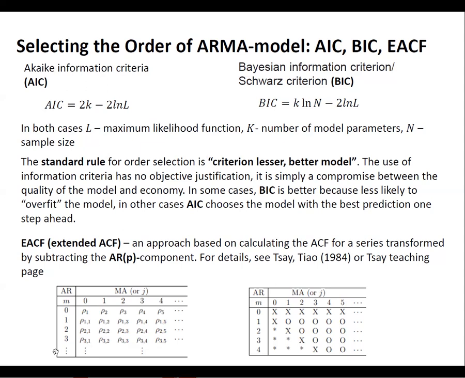In fact, this intersection of the second row and the third column corresponds to the extended autocorrelation function of the ARMA model 1, 2. And these are the coefficients of the extended autocorrelation function.